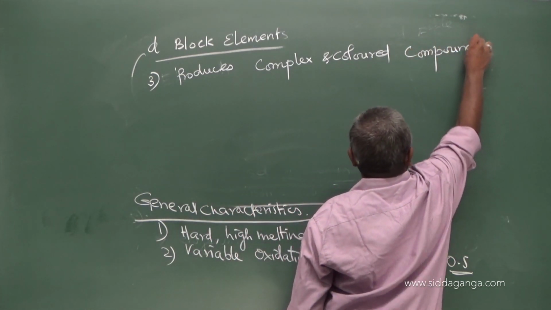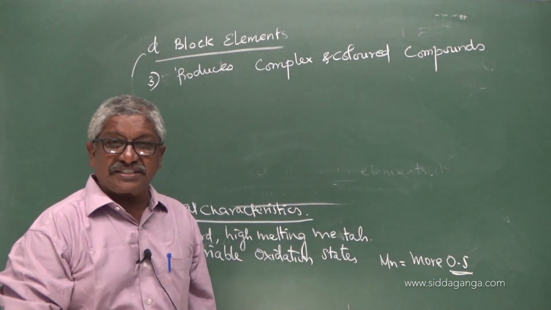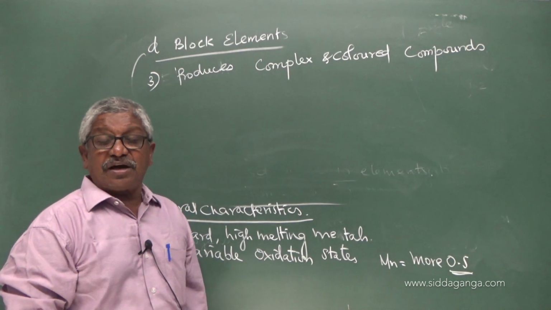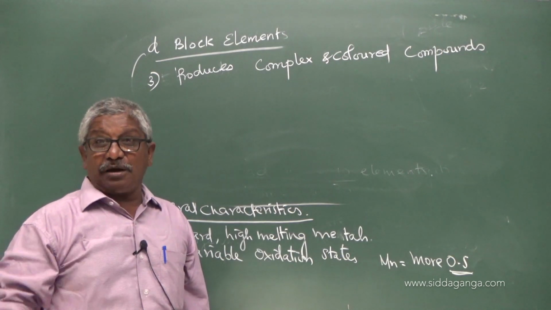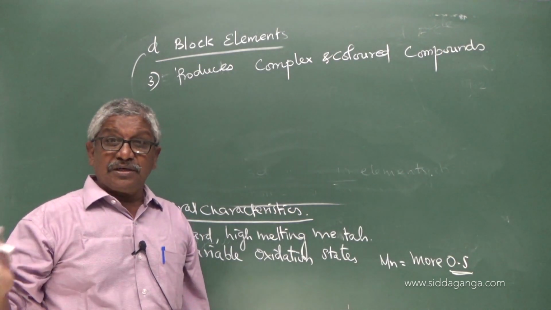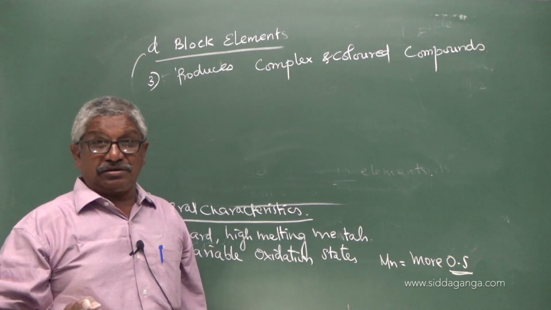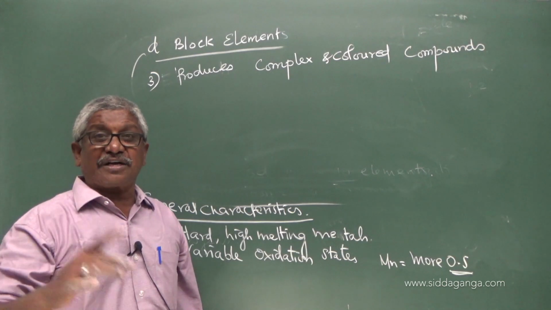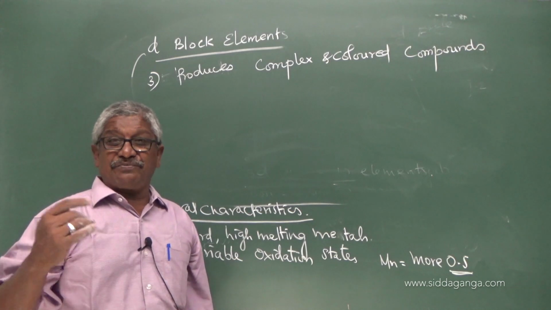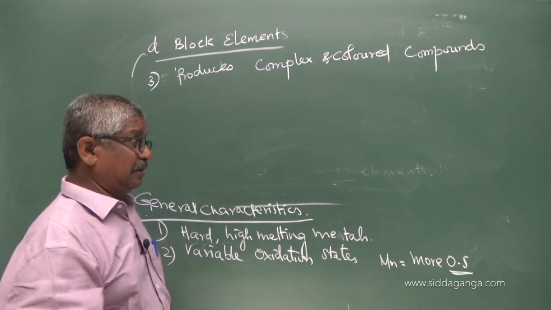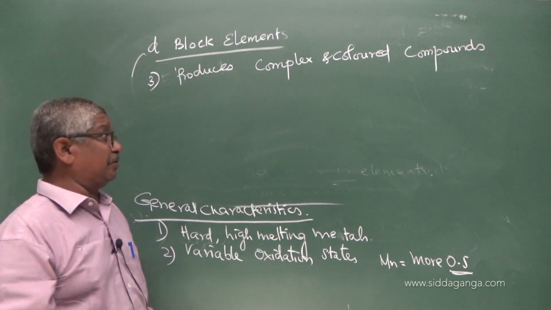Complex compounds are called coordination compounds, which come in the second PUC syllabus. A compound containing a complex ion is called a complex compound. Potassium ferrocyanide, potassium ferricyanide, all are called complex compounds.